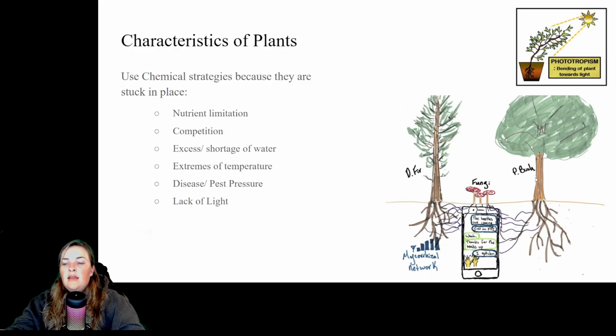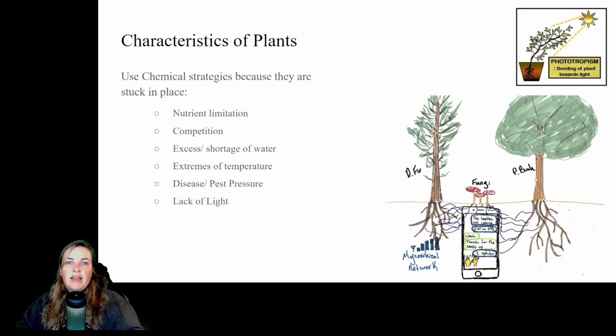So say one tree is really stressed and doesn't have nutrients, the fungi will move nutrients from somewhere else to aid that plant, right? So it's a mutually beneficial relationship, which is really crazy.